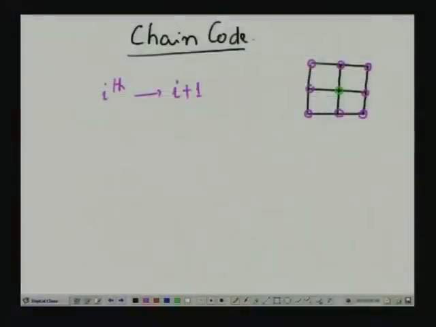I can move in the right direction, or in the diagonal direction right top, or in the vertically upward direction, or in the diagonal direction to the left top, or in the horizontal direction to the left, or in the diagonal direction left bottom, or in the vertically downward direction, or in the diagonal direction, that is the right bottom direction.